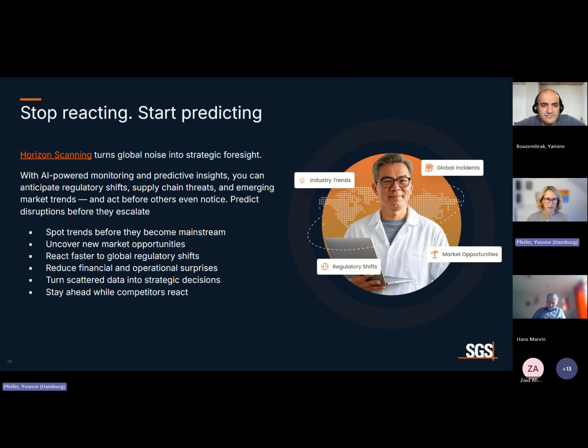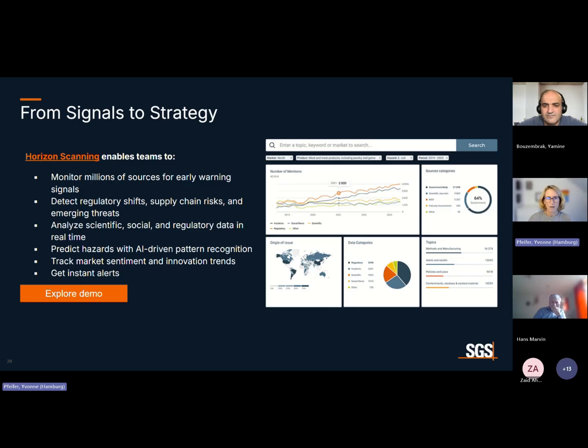So what we are doing with the horizon scanning is combining different data types, the alerts and recalls, but also industry trends, regulatory shifts, and scientific publications, to give you a holistic overview of the different topics, so that you can create clear insights from the early warnings and it's easy for you to follow.